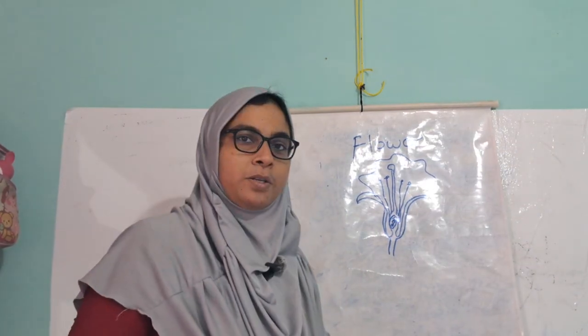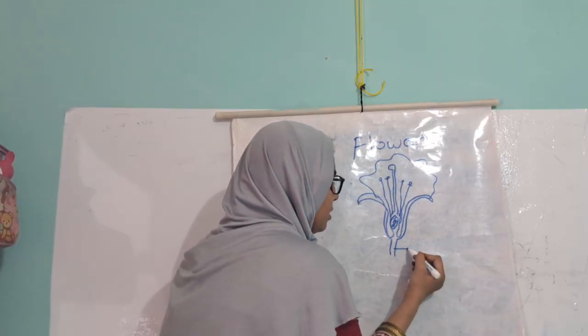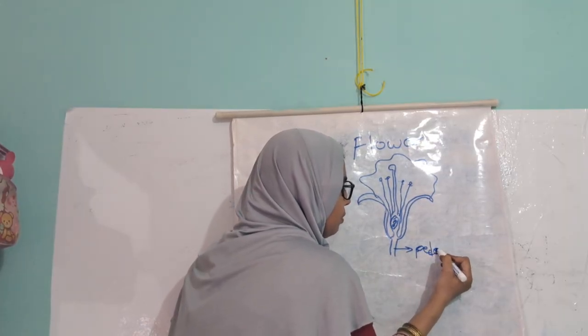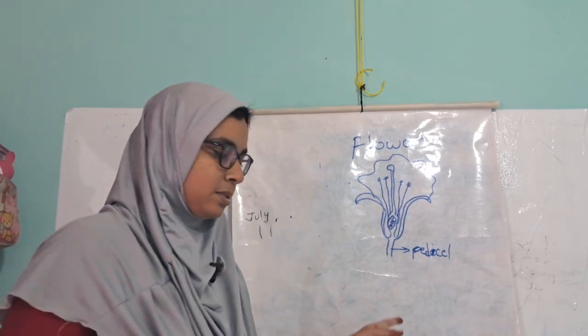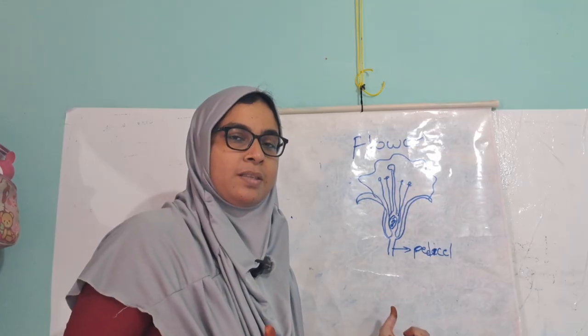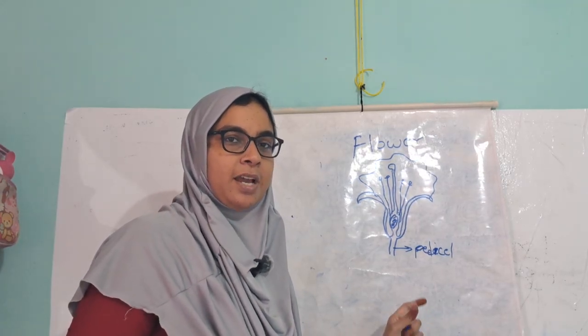The first part of the flower is the pedicel. Where is the pedicel? The pedicel is the stalk of the flower. It holds the entire flower.